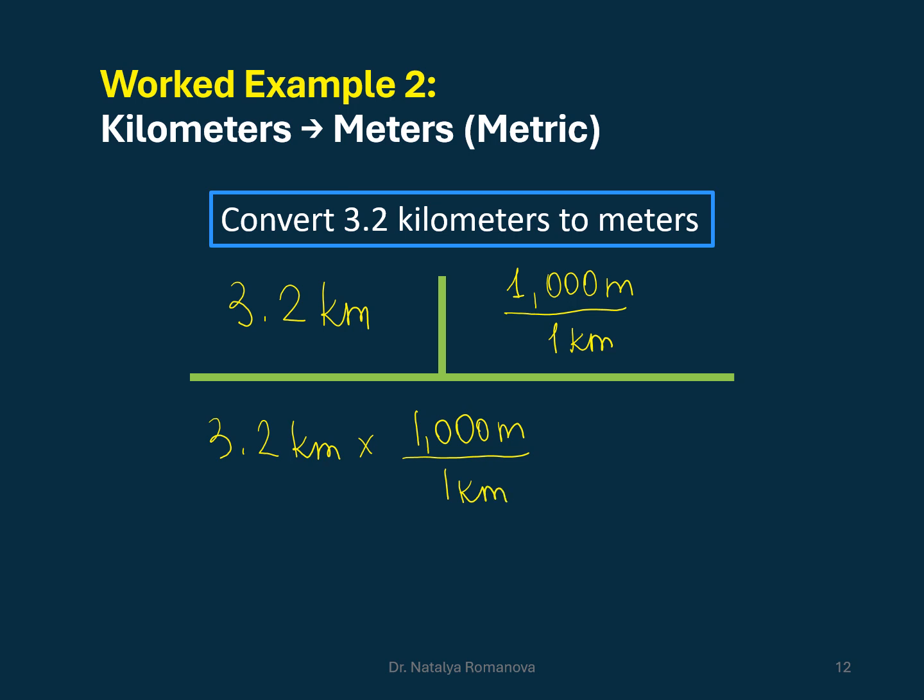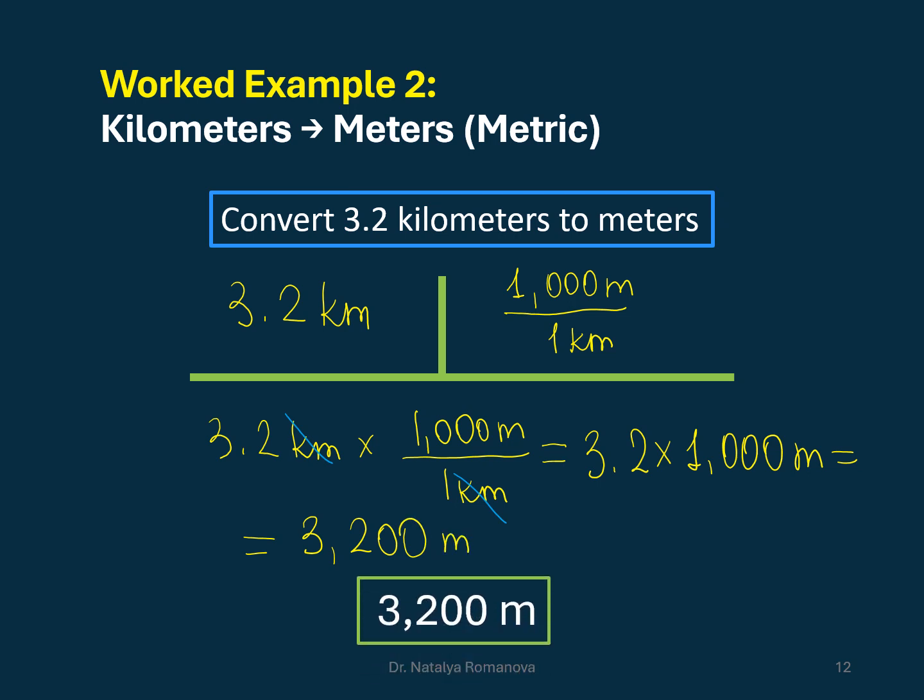We cancel out kilometer and we have 3.2 times 1000 meters. So it equals 3200 meters. This is the correct answer for your ASVAB exam.